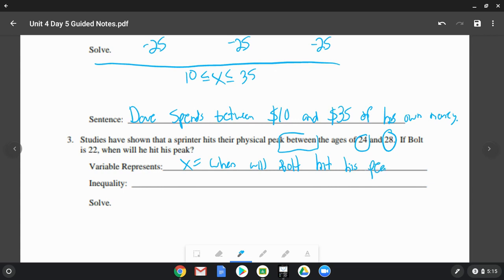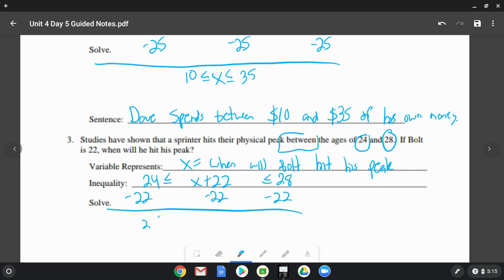That's what X is. So when is that going to happen? How many years here? So my inequality is between 24 and 28. I know these are less than or equal to signs. He's already 22, so that'd be X plus 22.